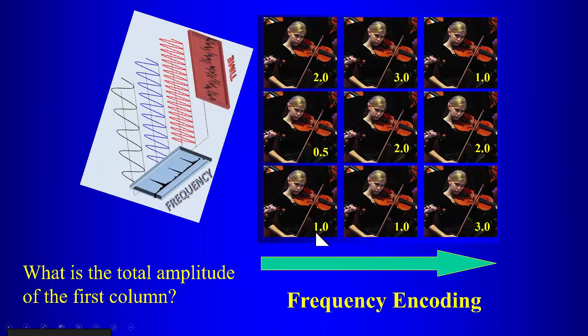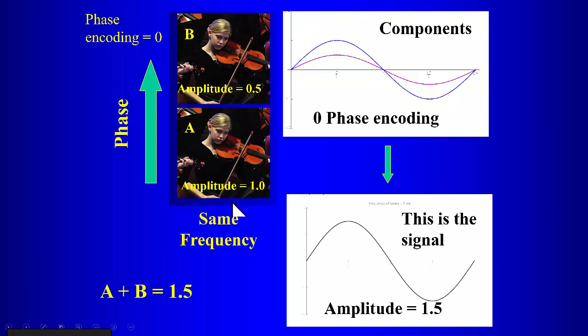So the note C gives me a total amplitude of 3.5. The note D gives me a total amplitude of 6. The note E gives me a total amplitude of 6. So I'm able to break down the frequencies into total amplitudes for the columns, but I'm still left with trying to get the spatial information from the rows. How do I break that down? Okay. And that is done by what is called phase encoding.